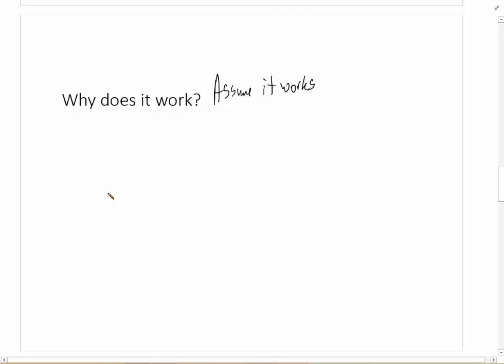And let's see why it works. Why does it work? Okay, so let's start with our general form. We have y prime plus some p of x y is equal to some f of x. So what I'm going to do now is, if I assume this method works, let me multiply both sides by this integrating factor.